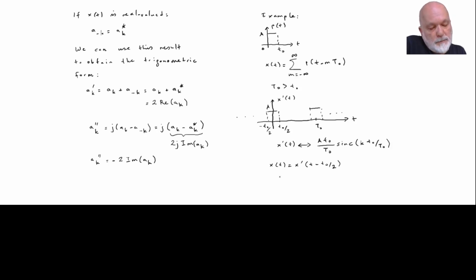Okay, so x of t will have the Fourier series coefficients given by the Fourier series coefficients of x prime of t by using the time shift property: a t0 divided by capital T0 sinc k t0 over capital T0 e to the minus jk omega 0 t0 over 2.